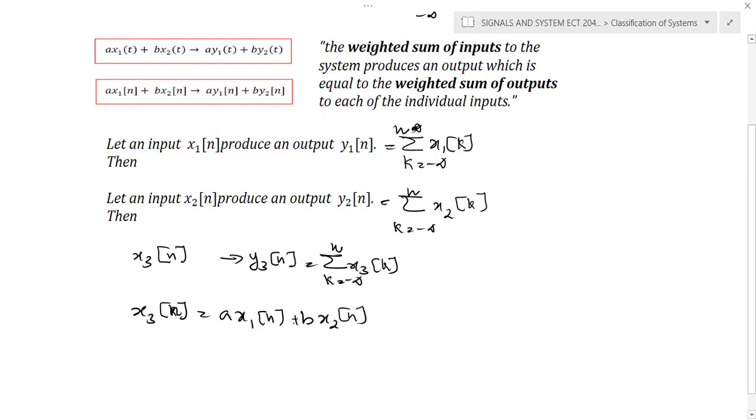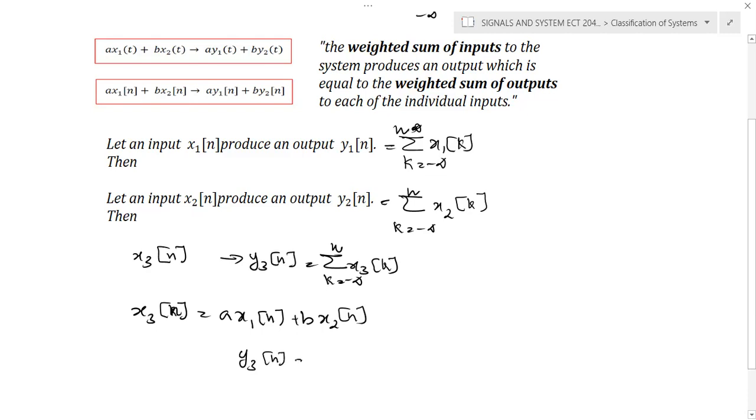It's a linear combination of the two signals. Now, in x3 of k, you can replace this n with k.